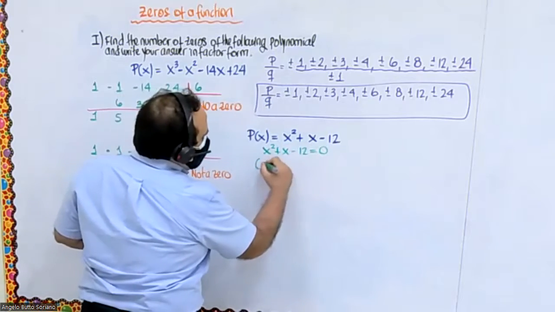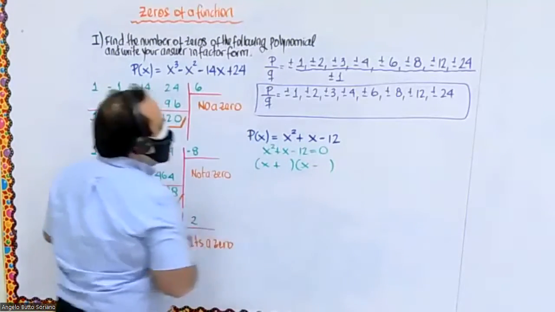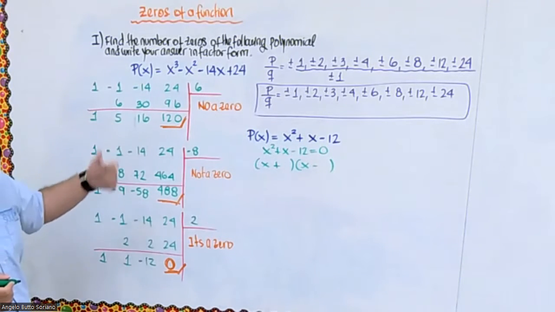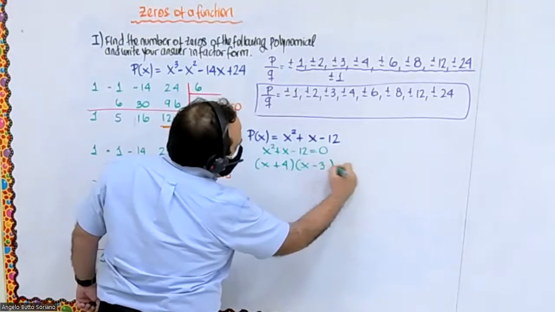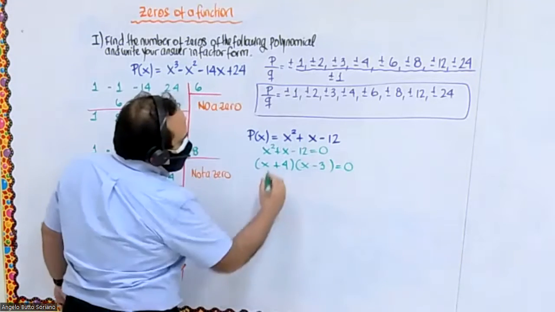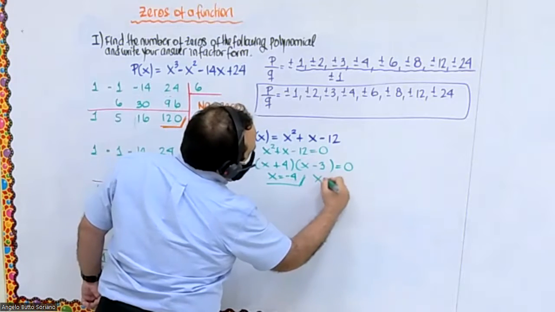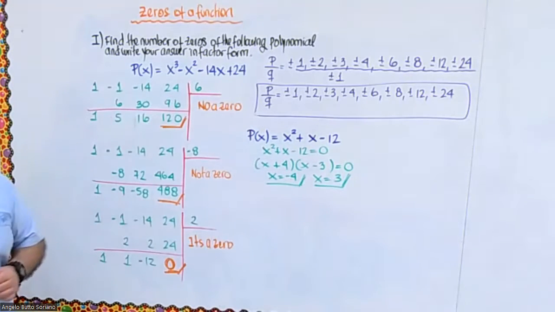We can factorize this equation as x plus, x minus. Give me a couple of numbers whose product gives negative 12 and whose difference gives 1. Those will be 4 and 3. So x equals negative 4 and x equals positive 3. Remember, the problem says determine the zeros of the function.